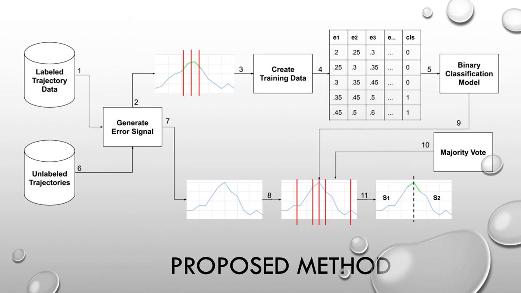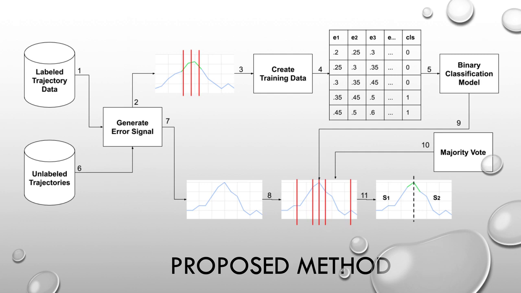This approach has two types of trajectory data: one which is labeled by an expert and another that has no label. Therefore, this approach relies on the quality and amount of available labeled trajectory data. The error signal can be generated using the same function for labeled and non-labeled data.